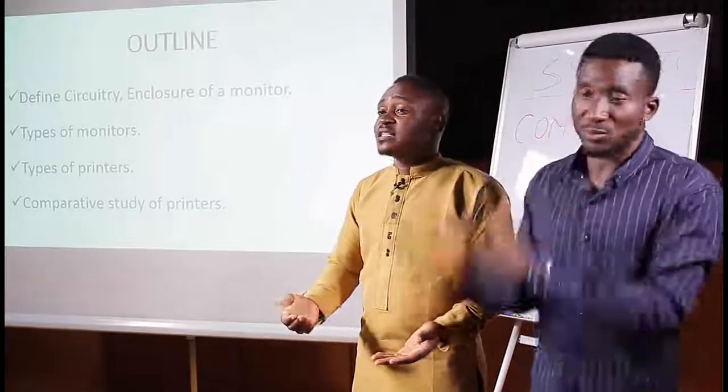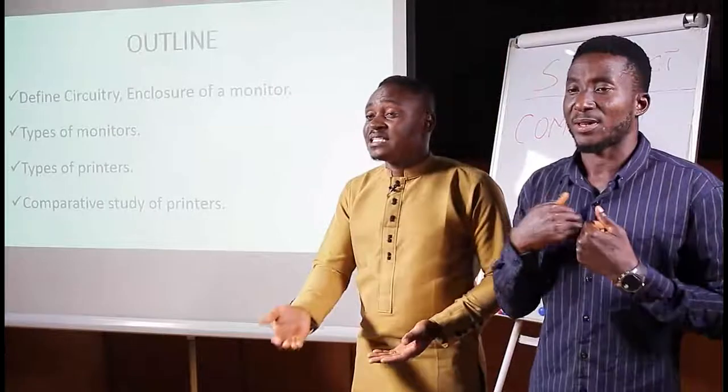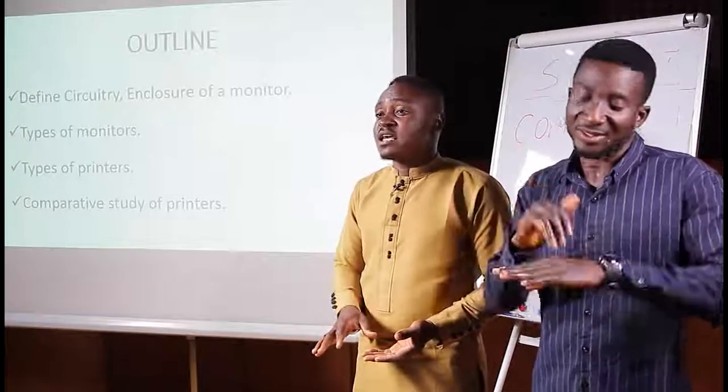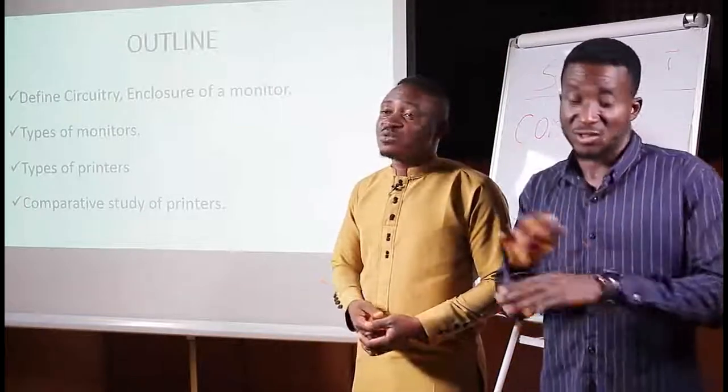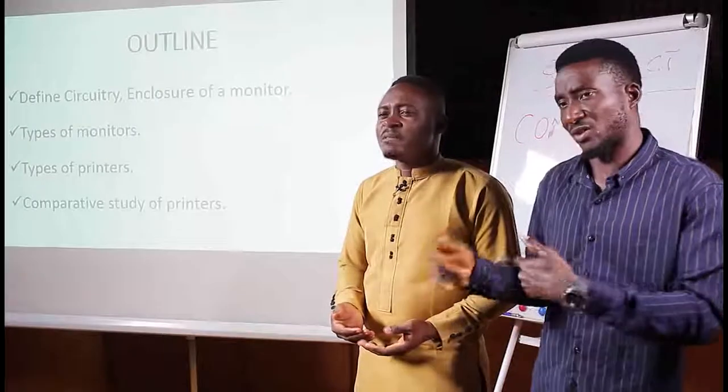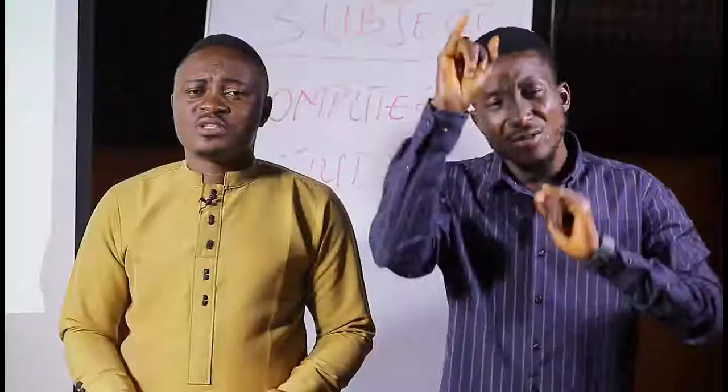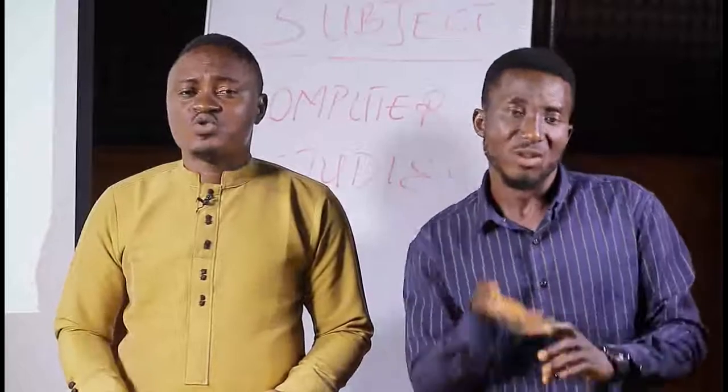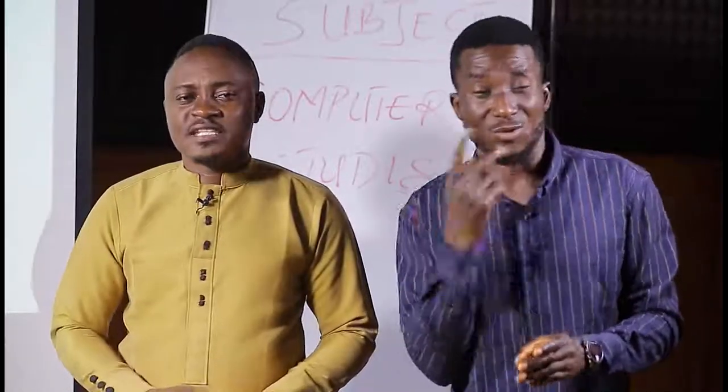We had seen input devices sending in data for processing. Then after the computer is able to process this data, information is brought out, and the only way out is through the output devices.